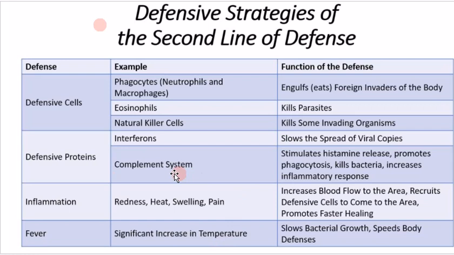Now inflammation is also associated with a significant increase in body temperature. This normally happens when a bacterial infection occurs. When bacteria infect you, you will have a high fever, even without any injury.